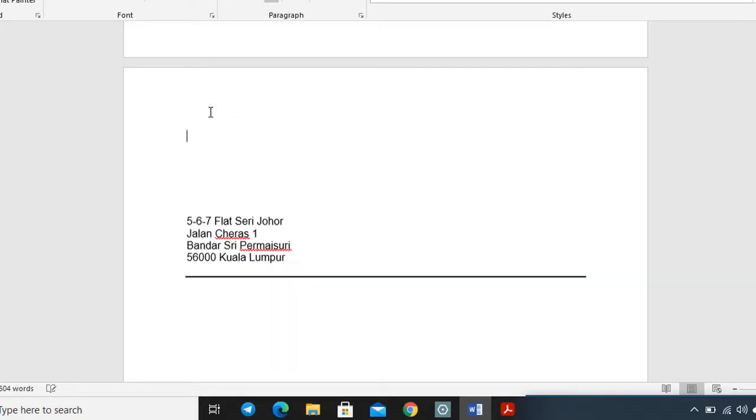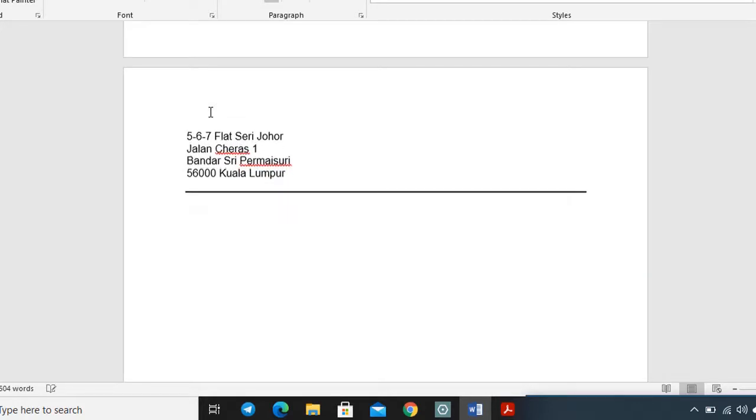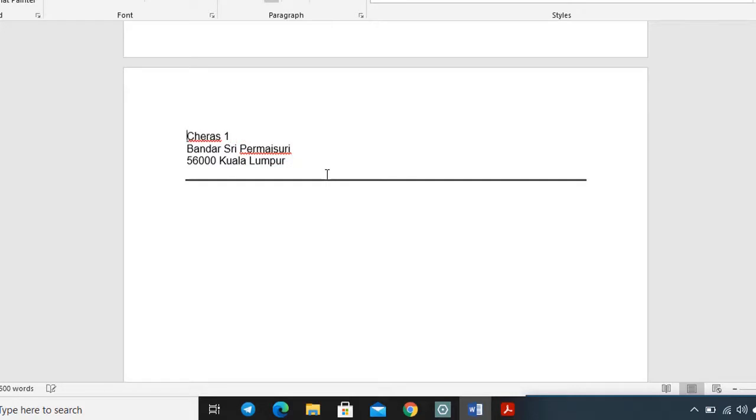Since you are writing on behalf of your school, of your friends, you cannot write like this. You are not allowed to write your house address because you are writing on behalf of your friends, on behalf of the school, not on behalf of your family. So that's why you cannot write your house address. So write your school address.